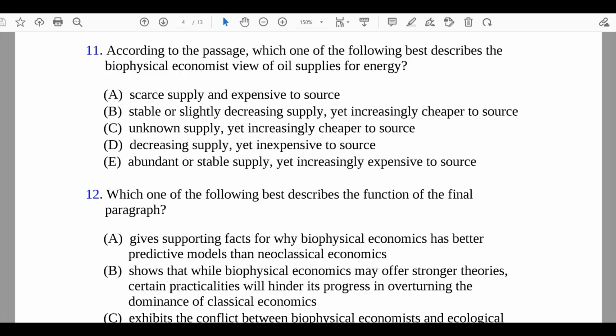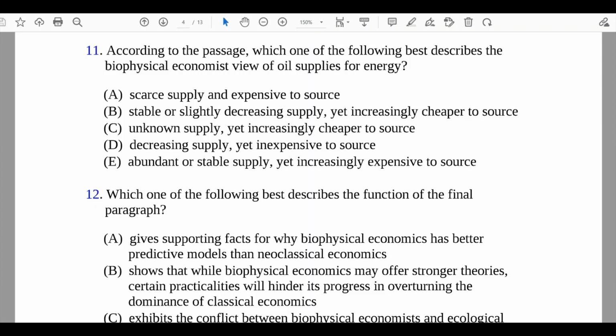But the second part is incorrect. The passage makes it so transparent that oil is becoming more expensive to source. Answer C says the supply is unknown and it's cheaper to source. Again, here the second part cannot be right according to the passage. Now, let's move forward to answer D, which is completely wrong. Oil is not decreasing in supply and it's not inexpensive to source according to the passage.